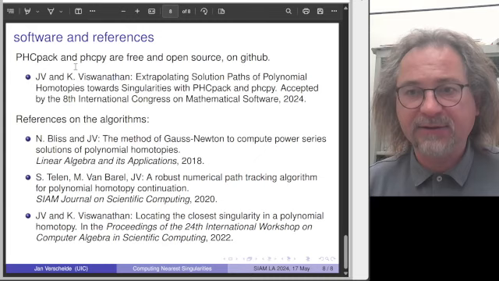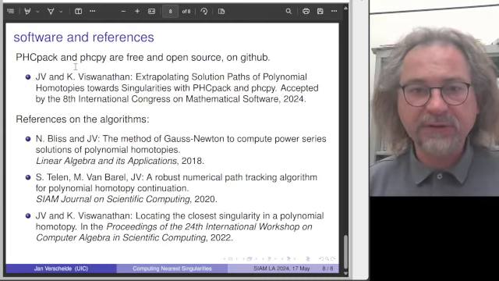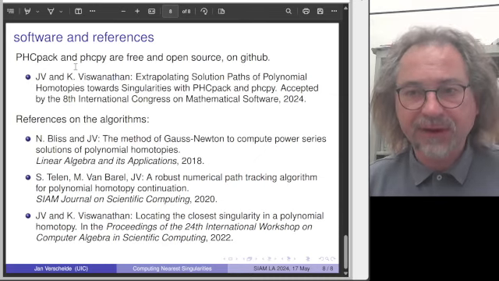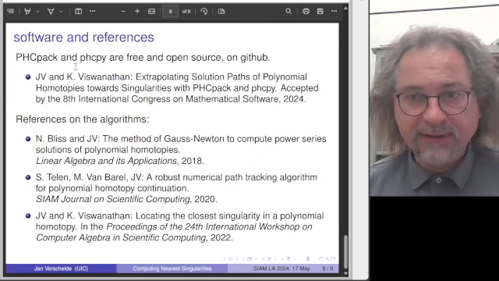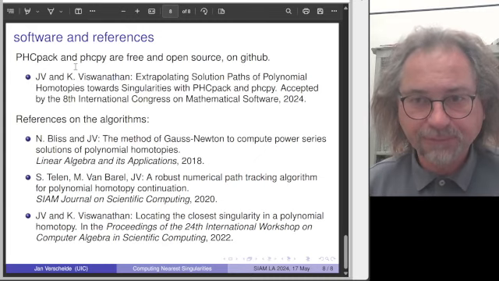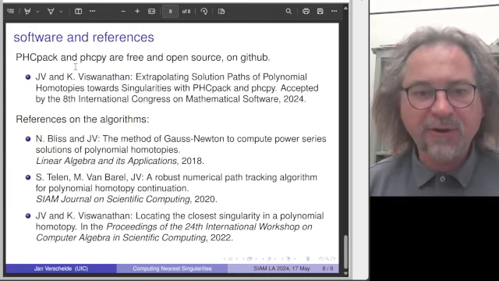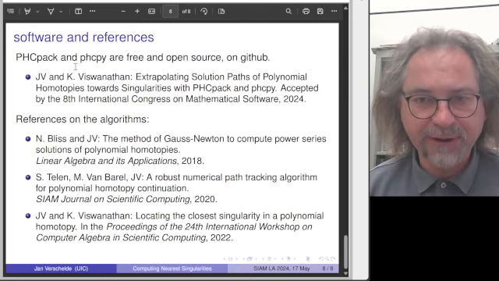Robust means that the path tracker is less sensitive to tolerances, because we have an a priori step size control. The reconditioning idea and the construction around it arose with work with Kailash Viswanathan, the 2022 paper here.